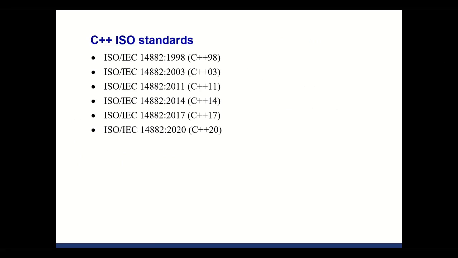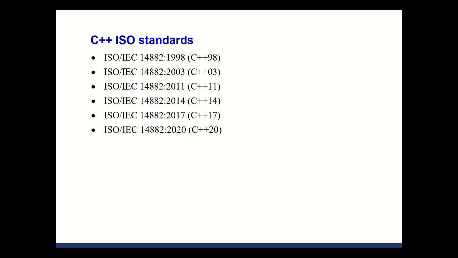There are different ISO standards. ISO stands for International Organization for Standardization. So they basically standardize scientific stuff all the time. And since 1998, C++ has been standardized by ISO. The standards have a long formal name.